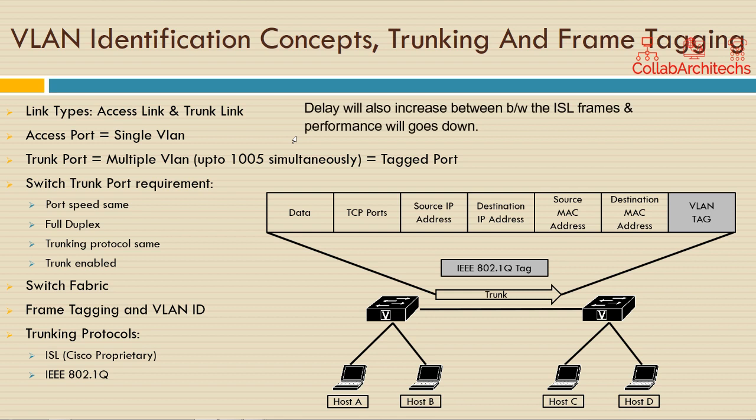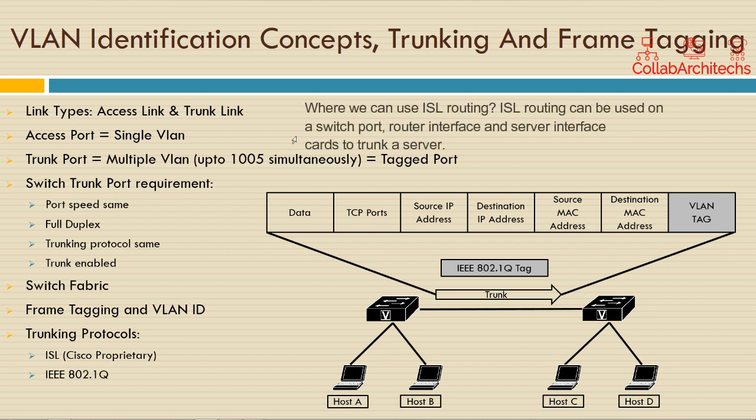Delay will also increase between the ISL frames and performance will go down. Now the question is where we can use ISL routing. ISL routing can be used on a switch port, router interface, and server interface card to trunk a server.